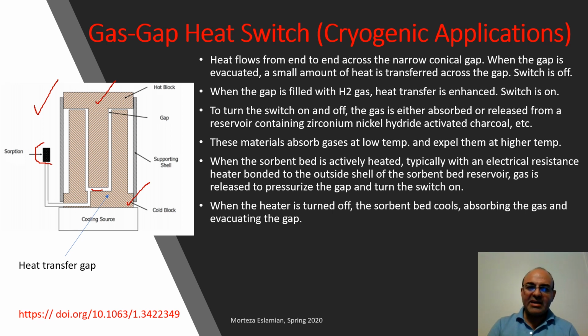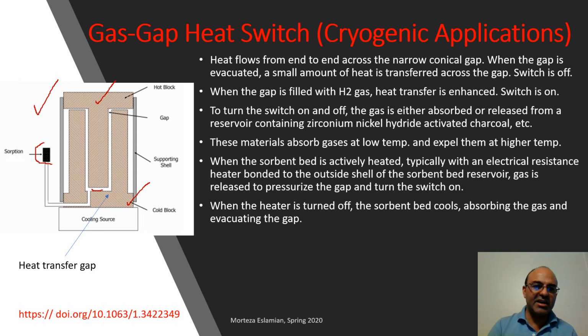In order to control the temperature of the reservoir to release gas and absorb gas, this is done by heating. When the sorbent bed is actively heated, for instance we connect the electricity, typically with an electrical resistance heater bonded to the outside shell of the sorbent bed, gas is released to pressurize the gap and turn the switch on.